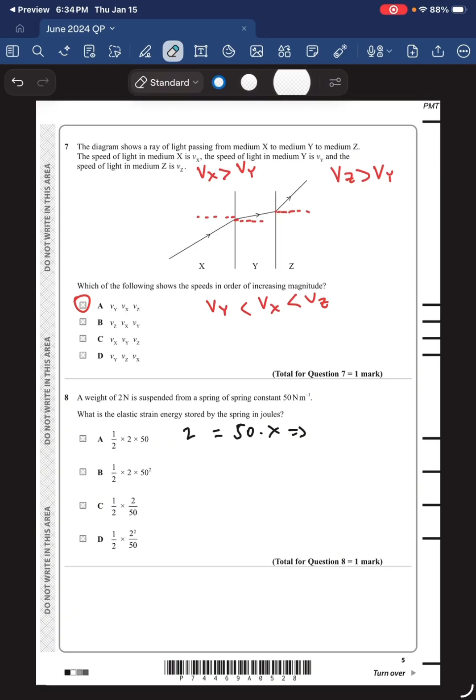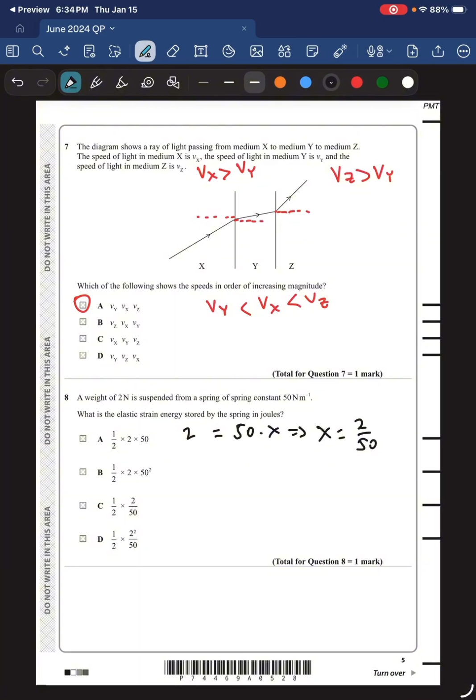Let me erase the newtons, I don't need them. So x is 2 over 50, right? And this is in meters, right? Yes. So the elastic energy is 1/2 times the force times the extension squared, which is 2 over 50 squared.